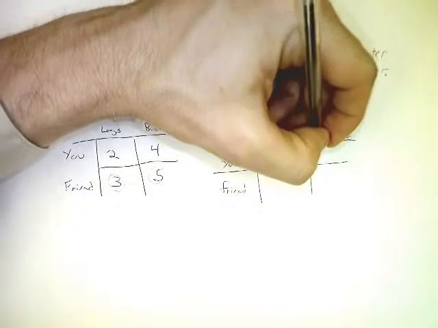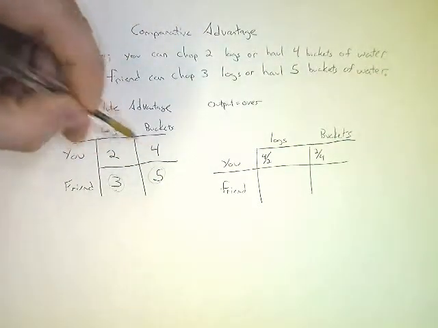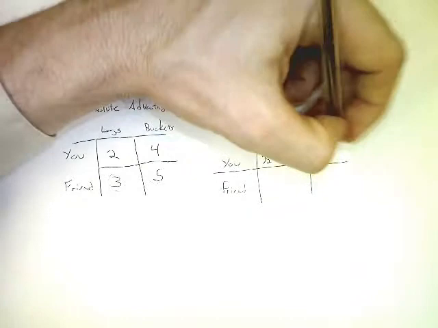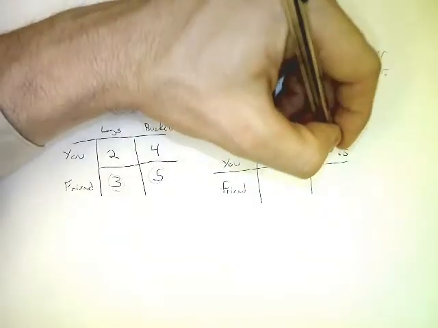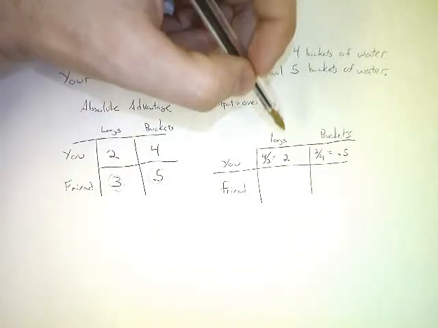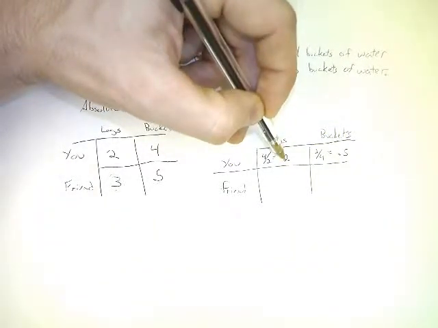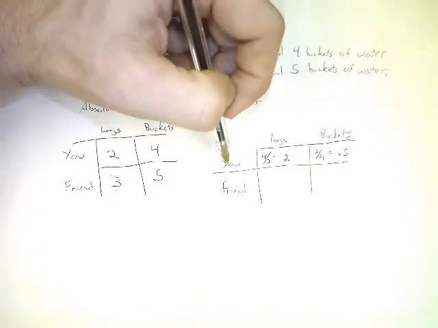So we would say 2 over 4, and over here it would be 4 over 2. I just picked up the 4 and put it over the 2. When you reduce these, obviously you get 0.5, and when you reduce these, you get 2. So what's happening here? In other words, we're saying 1 log costs you 2 buckets. 1 bucket costs you a half log.